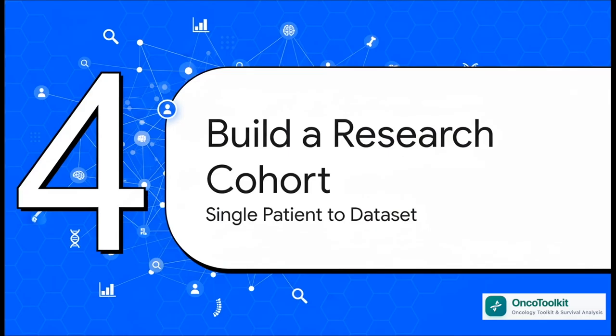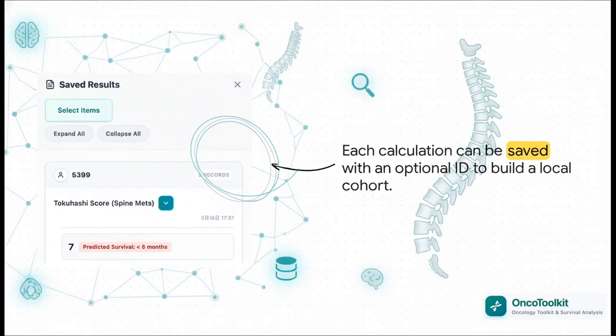Okay, this is incredibly useful for a single patient. But this is where the tool really levels up. It moves beyond that one encounter and becomes a seriously powerful research engine. As you're evaluating patients, you can save each calculation with an optional de-identified patient ID. And over time, without any extra work, you're building a structured, local database of your own clinical cohort, completely ready for analysis.